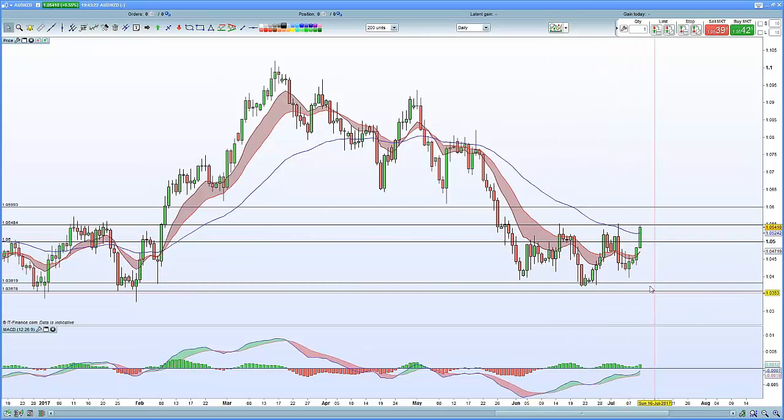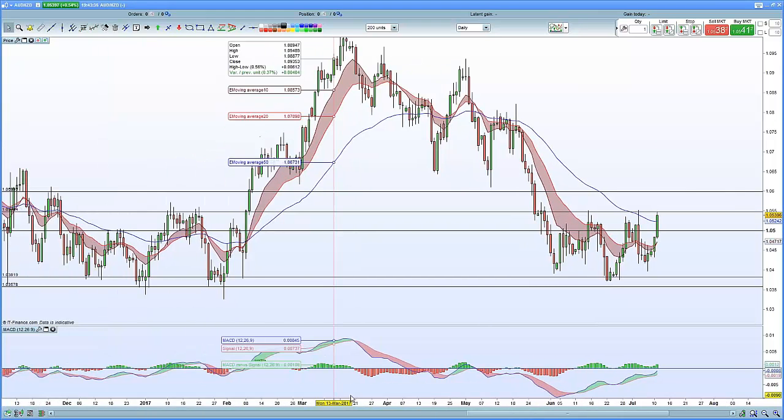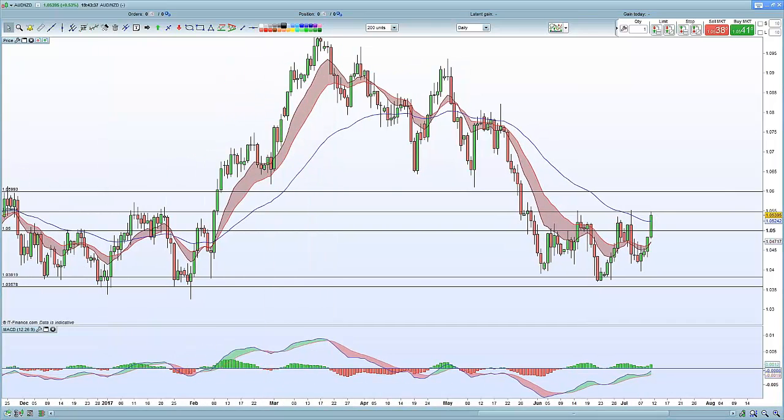What I like about the consolidation is that the resistance is pretty strong and well defined. If you look around the 1.0550 area, you can see that there are multiple touches of the resistance.